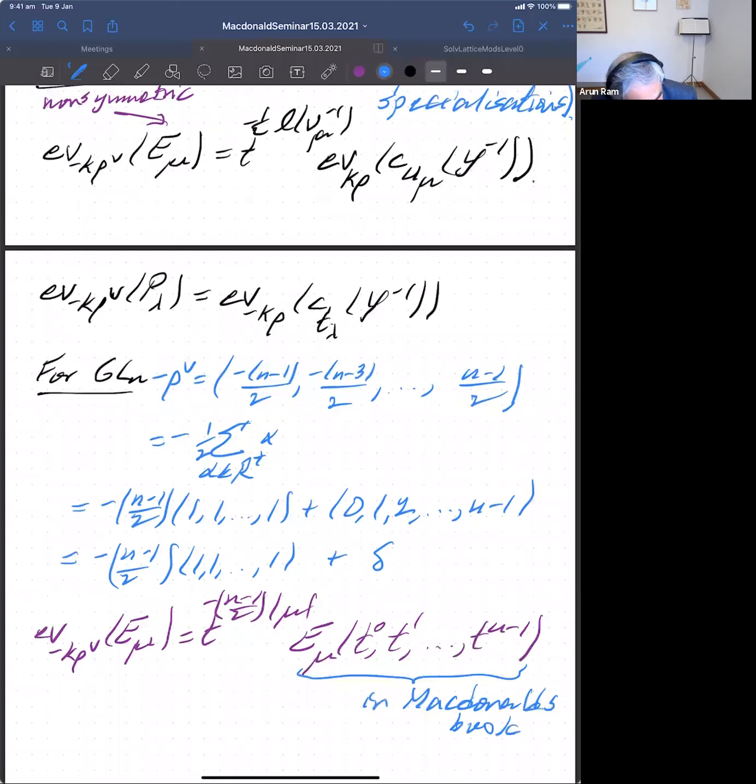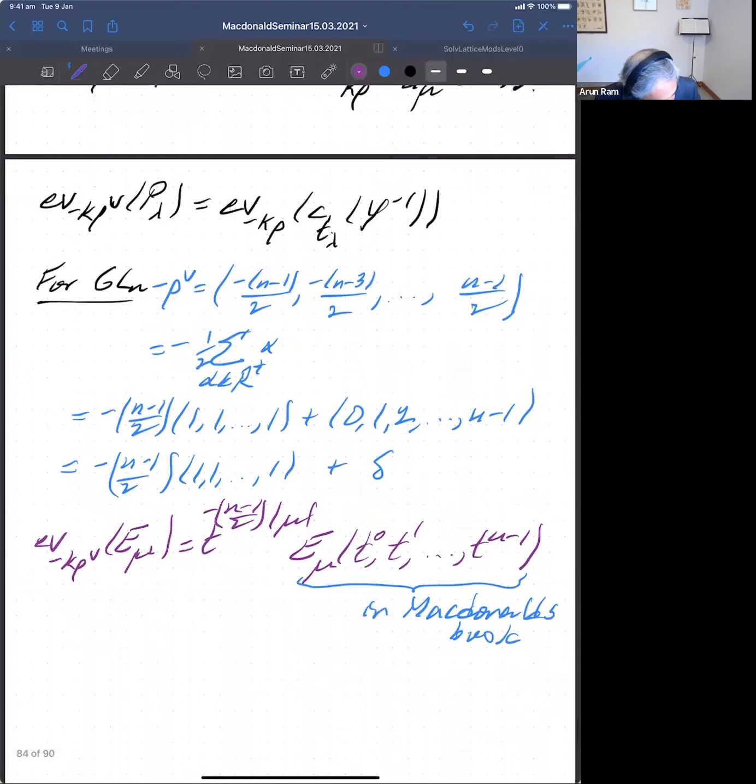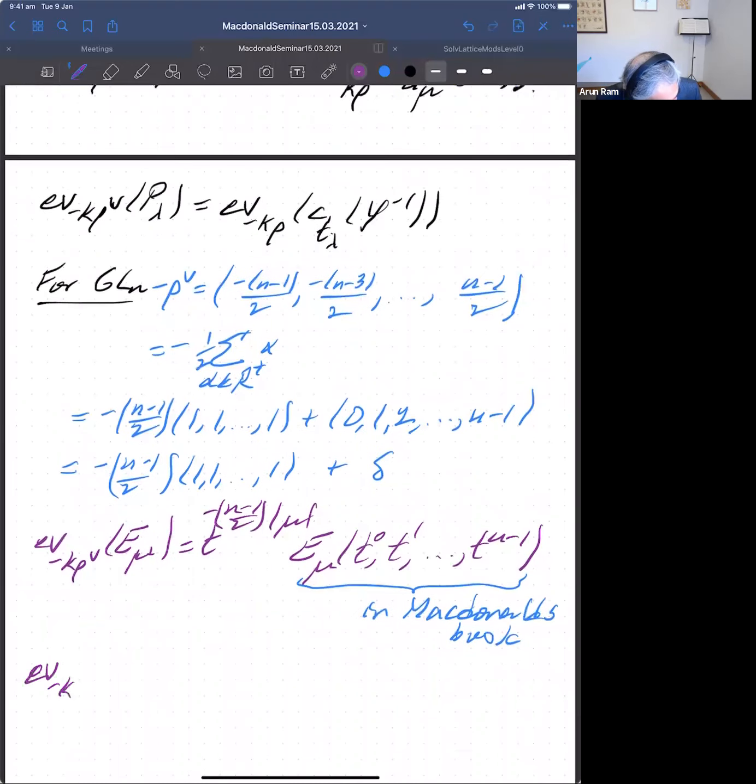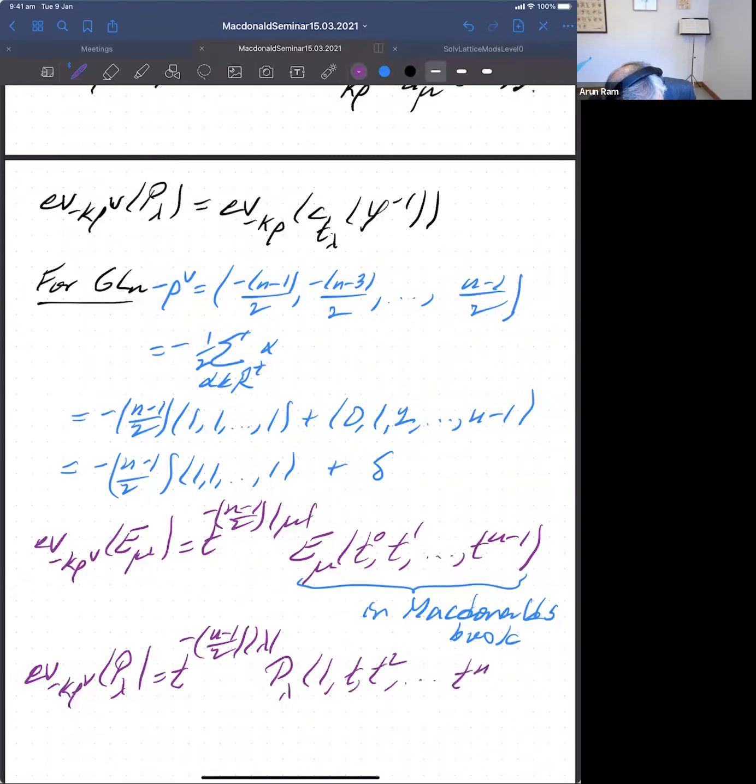It is the symmetric functions book. Well, let me write the same formula for the p lambdas. So again, this is t to the minus (n minus 1)/2 times the weight of lambda, p lambda of 1, t, t squared. And so you might ask, why does he evaluate in his book at this strange 0, 1, 2?